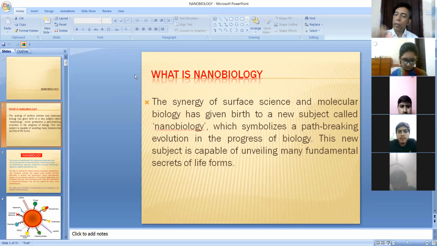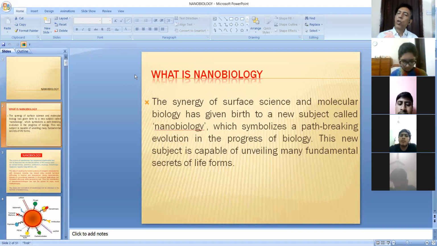Not one atom is a nanoparticle, or one molecule is not a nanoparticle. It is a collection of atoms. Say, for example, you have taken 50 atoms, and these 50 atoms have a length of say 50 nanometers. So all these 50 atoms are known as a nanoparticle.